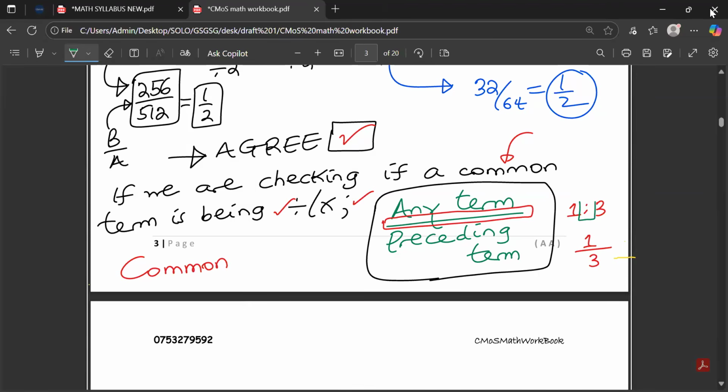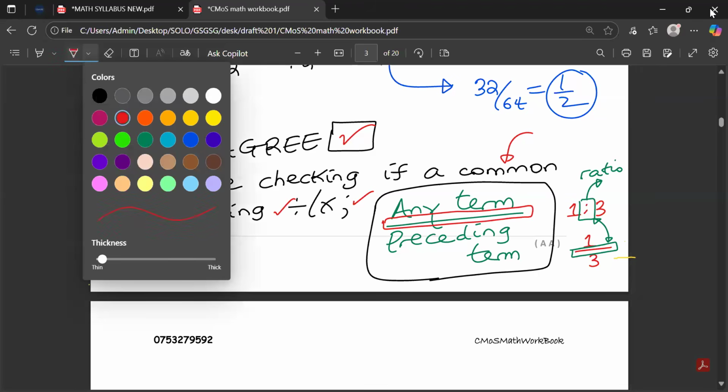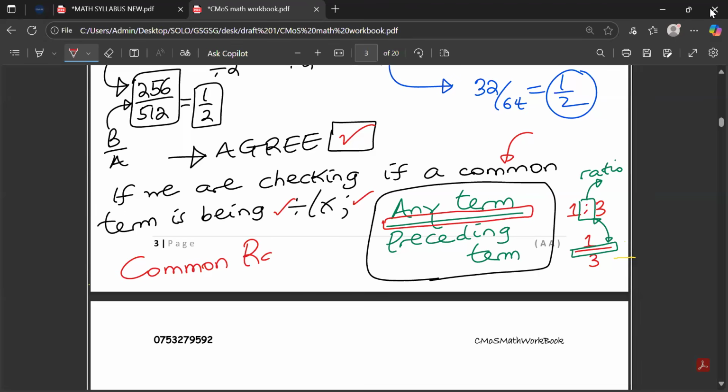This ratio sign can be replaced by the division sign, and you all know that sign is what they call the ratio symbol. So here we call this one the common ratio. Common ratio is denoted with the letter R.